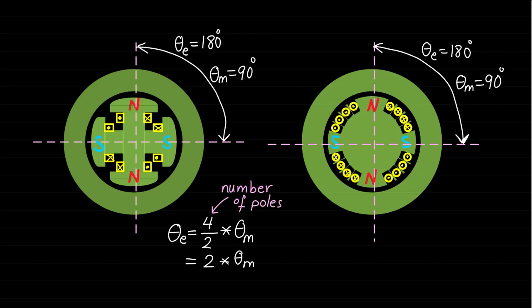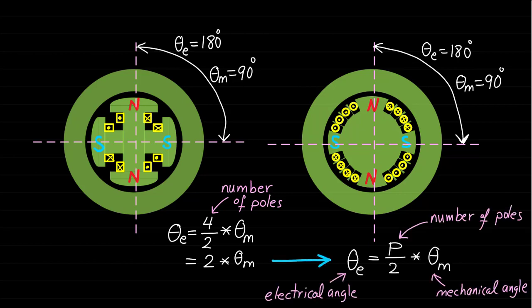Based on this example, we can introduce very important relationship between the electrical and mechanical angles as shown. The electrical angle theta E is equal to half the number of poles of the machine times the mechanical angle theta m.